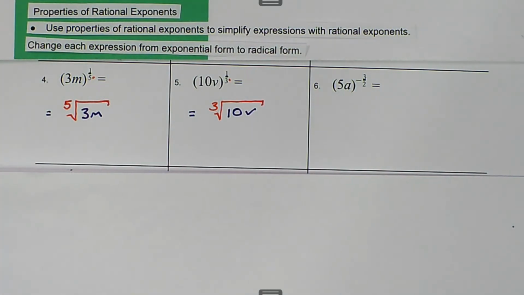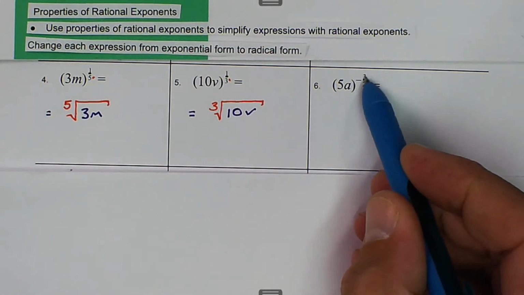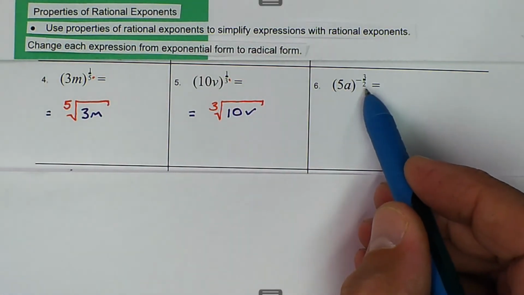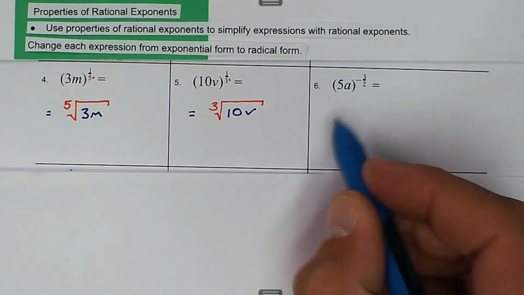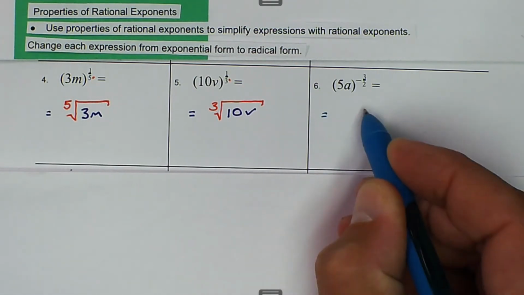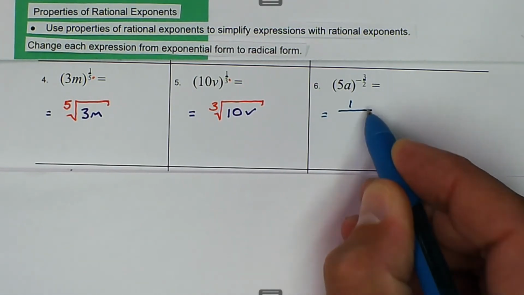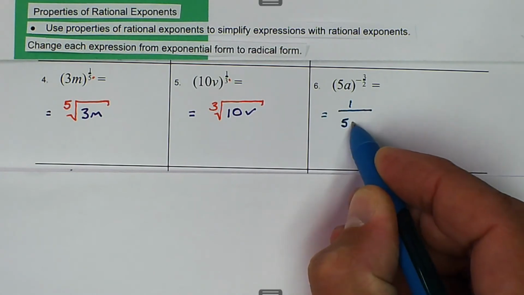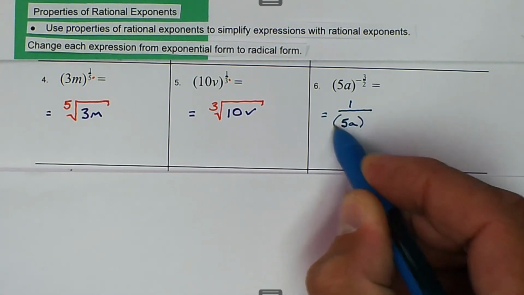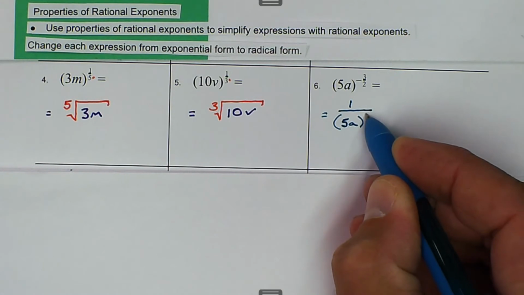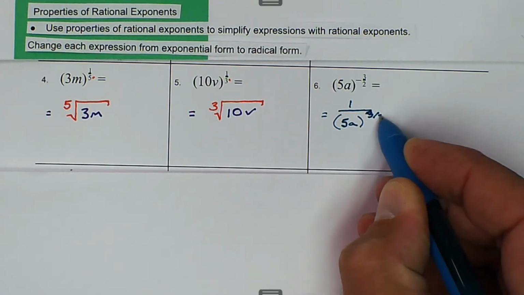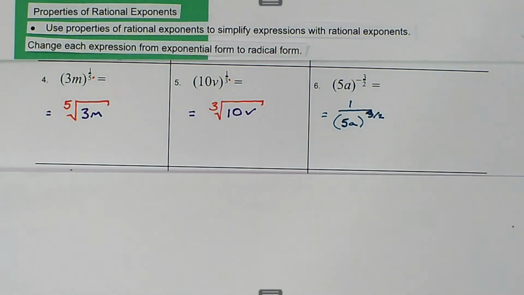Then we go to number 6, and we see that we have a negative 3/2 power. So in order to make that positive, we're going to use the negative exponent rule. So we're going to move that to the denominator, and we get 5a, and that whole thing is raised to the negative, or excuse me, this is going to be positive 3/2 power.